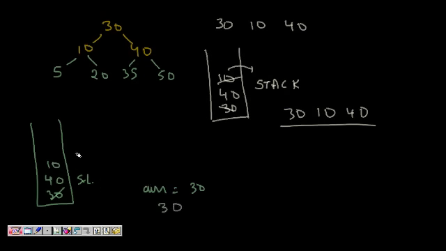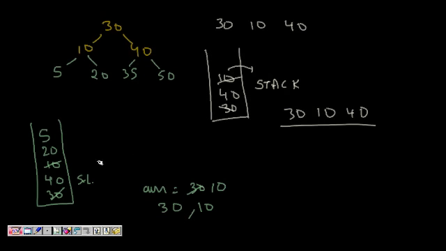Now again I do the iteration and I pop out from here. I make current equal to 10 and pop this out. So I pop 10 out, and 10 will be printed here, and I push its right child and then the left child. So let's see what is happening now.